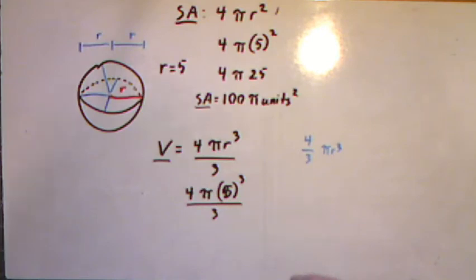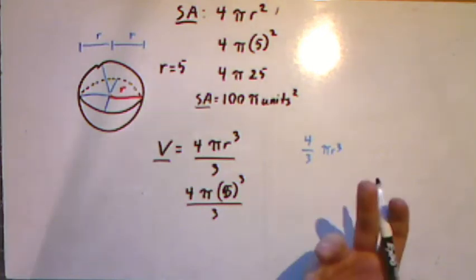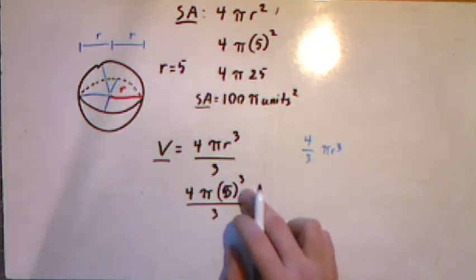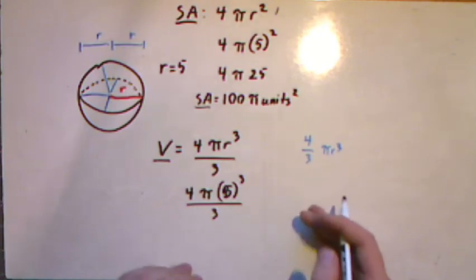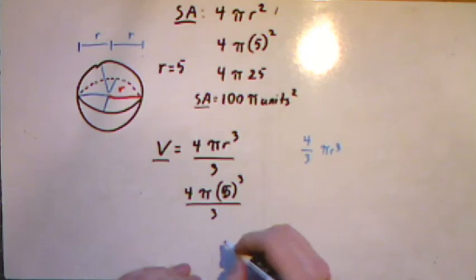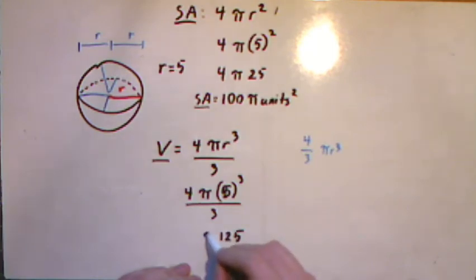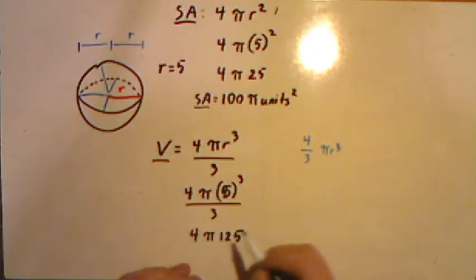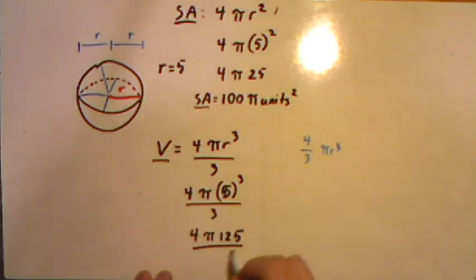The only thing we can currently do, at least easily, is take 5 and cube it, and of course that's just 5 times 5, which we know is 25, multiplying this by another 5 to get 125. We're leaving pi and the 4 as is, and dividing by 3.